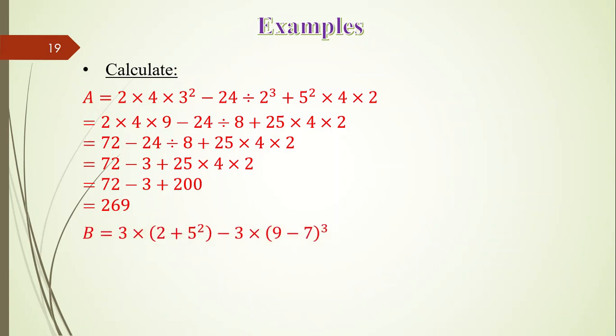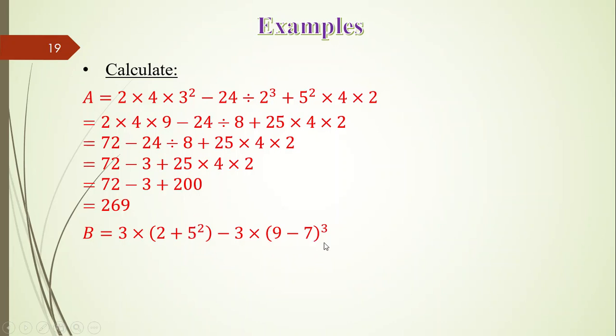Another example, if we have 3 times (2 plus 5 squared) minus 3 times (9 minus 7) cubed. Here we have to start with the parentheses, okay? So in the first parenthesis, we have 2 plus 5 squared. Before calculating the parentheses, we have to calculate the powers, okay?